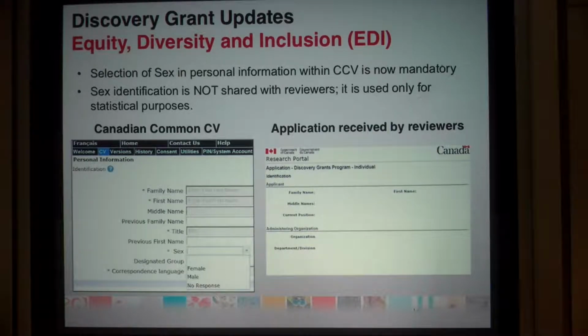Rather than just asking for sex, this time gender is being asked for, which allows people to declare non-binary genders. But this is something you'll see across the tri-agencies.